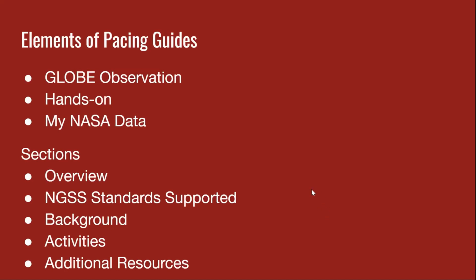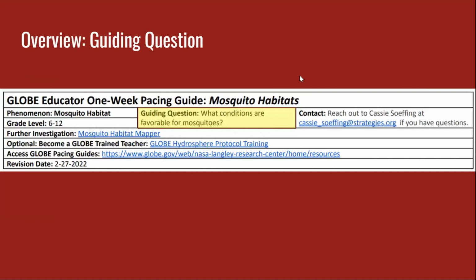Each of the sections I'm going to go through, but we do have an overview. We go over the standards that are supported, the background information, the 5-day sequence of activities, and additional resources. So the overview section of the pacing guides all look kind of like this, although you'll have the name of the pacing guide, mosquito habitat is the phenomenon.